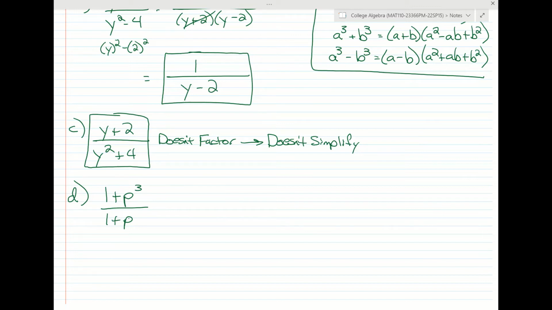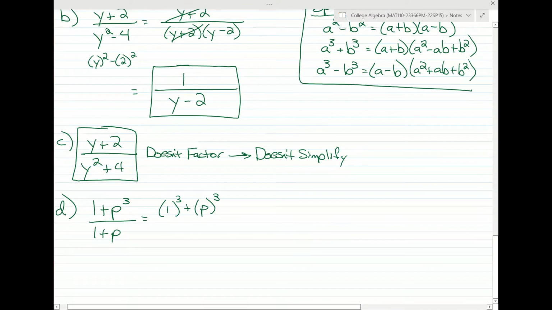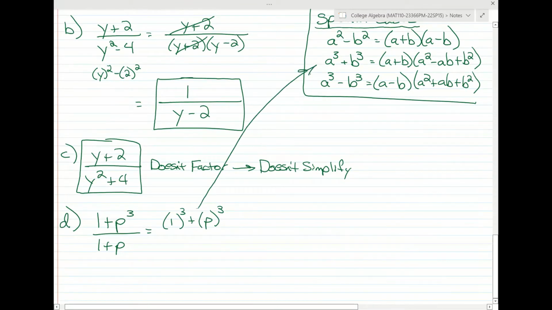So it's suggested in class that we take one of these out with one of these, right? I understand what you're saying, so let me just elaborate a little bit more. What we can do is we could write the top as something cubed plus something cubed. We do have a formula for that. We have this formula right here.